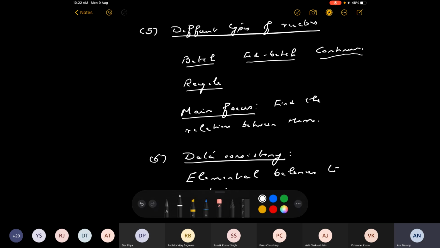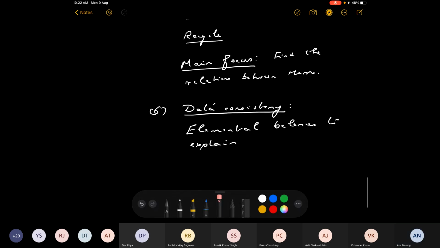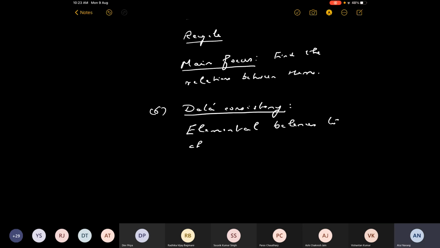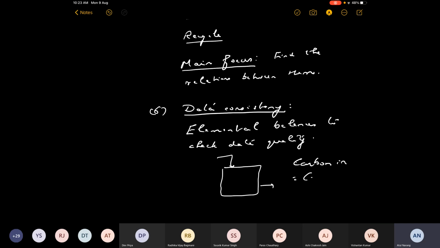This is to check data quality. So basically, when you run a reactor, there are certain things that have to happen. For example, carbon in must be equal to carbon out. If this is not happening, there is something wrong with your data.